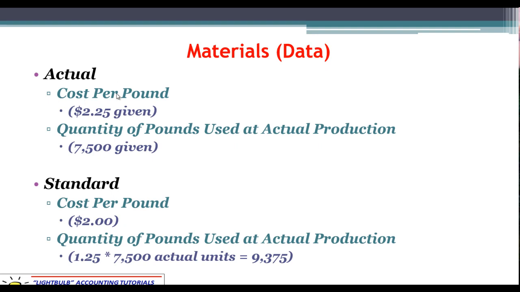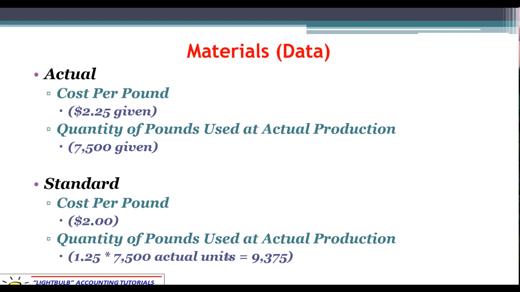Actual cost per pound, if you go back a few slides, they gave us $2.25 per pound. They also told us we used 7,500 pounds at actual production. Now the standard cost we were given as well, and we said it was $2 per pound.